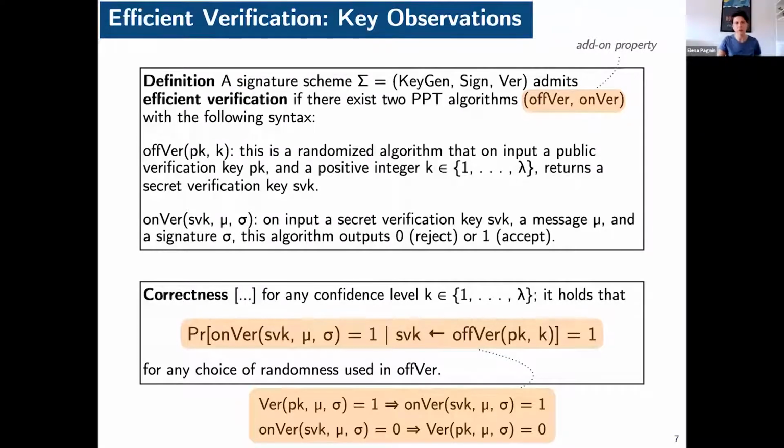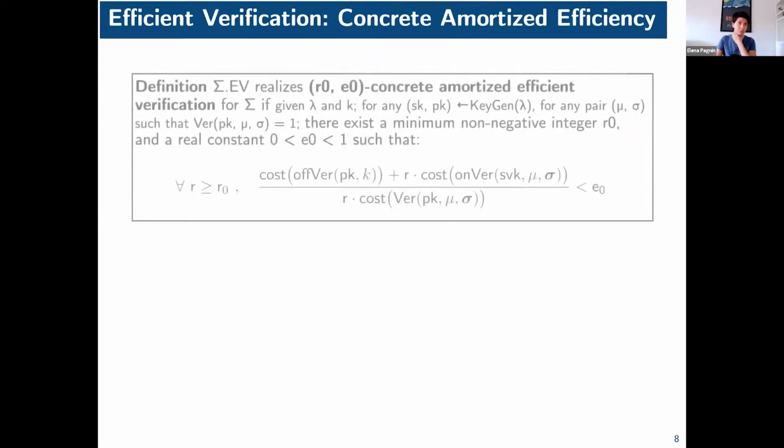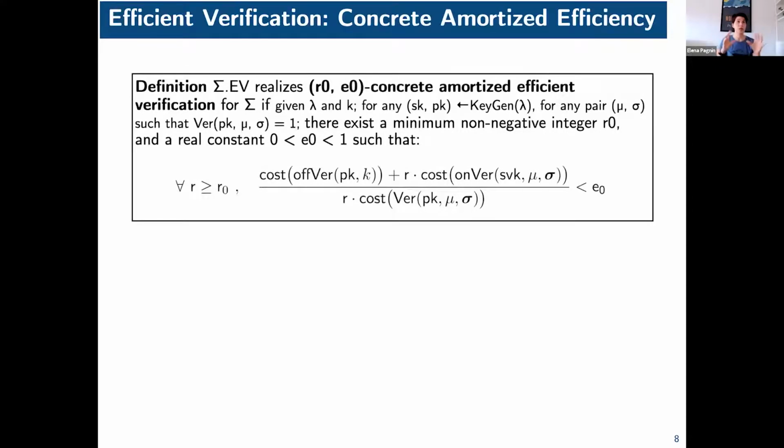Before going there, we are talking about efficiency. So how do we measure efficiency? We measure efficiency with concrete amortized efficiency. The definition is: a signature scheme with efficient verification realizes (R0, E0) concrete amortized efficiency. I need these two parameters to measure it.